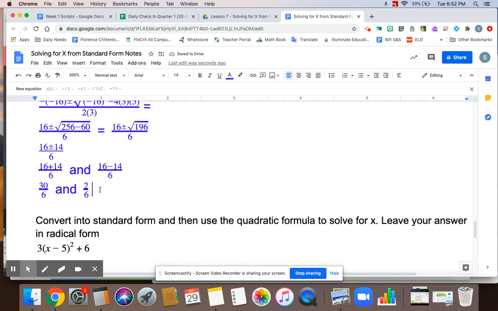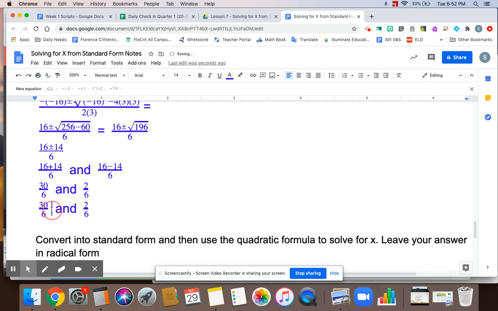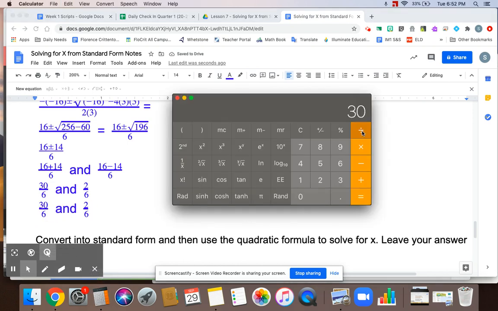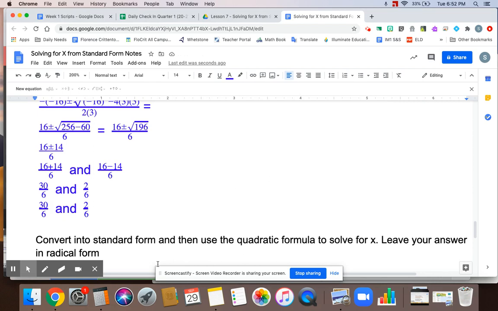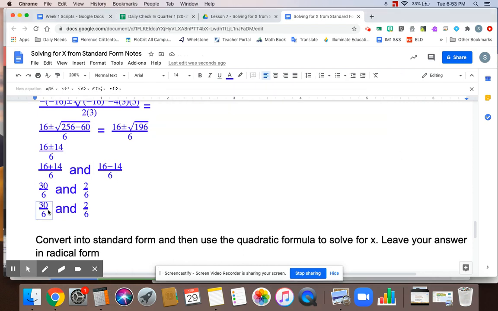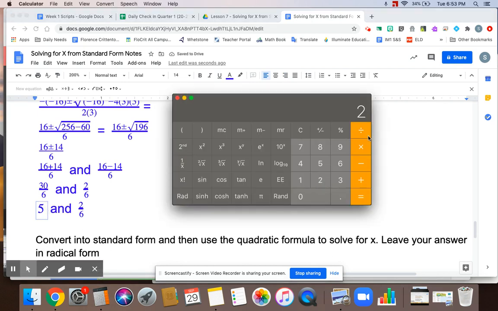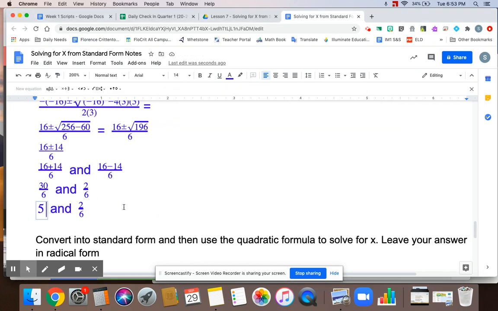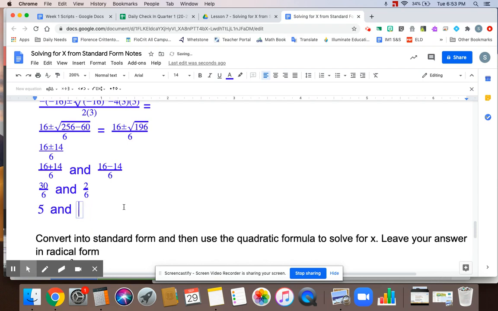I'm still not done because I can divide. If I do 30 divided by that 6, I get the answer 5. And if I do 2 divided by 6, I get 0.3333.